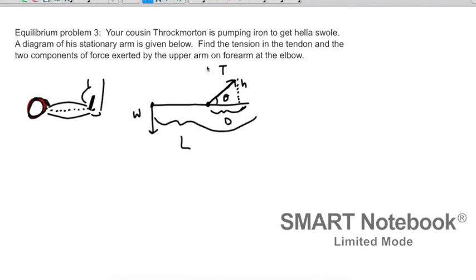So two things I want to find in this question, and I'm not giving you any numbers, so it's all going to be in variables. I want to find the tension in the tendon, so I want to solve for T. And I want to find two components of a force exerted by the upper arm on the forearm at the elbow. So back here at the elbow, the upper arm, through muscles and support structures, exerts some kind of force in the X and Y dimensions.